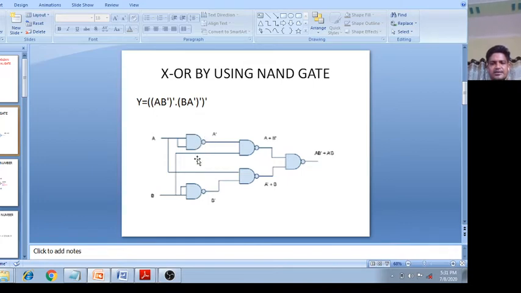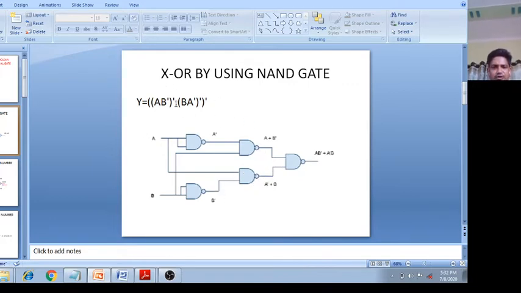In last class you have seen how to implement NOT gate or bubble by using NAND gate. Now A dash dot B, this is your A dash and this is B. Now whole complement, so there is a bubble. Similarly A and B dash and bubble for whole complement.